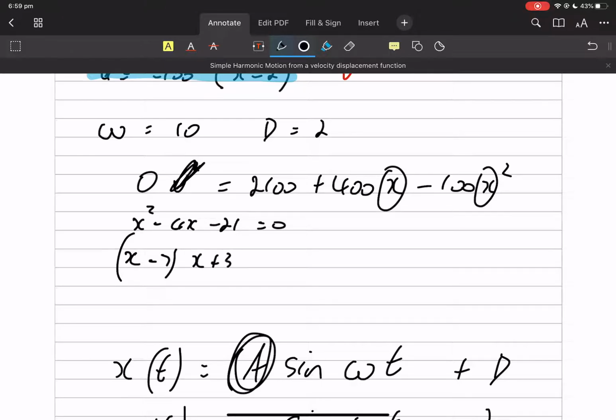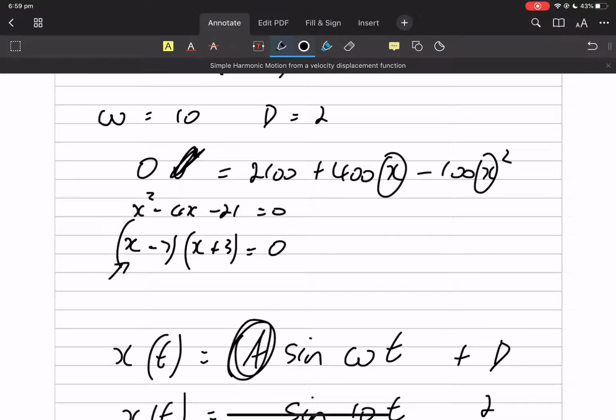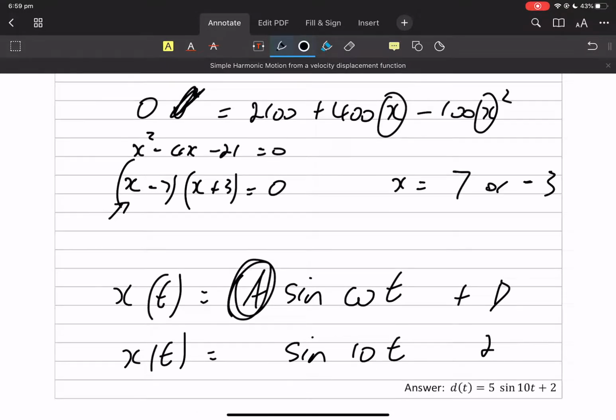x plus 3. So remember x is displacement. So when I say x can be 7 or negative 3, that's the maximum displacement this thing can have from centre. It makes sense also that 2 is in the middle of 7 and 3, isn't it? How far is it from 2 to 7? Well, it's 5. And how far is it from 2 to negative 3?